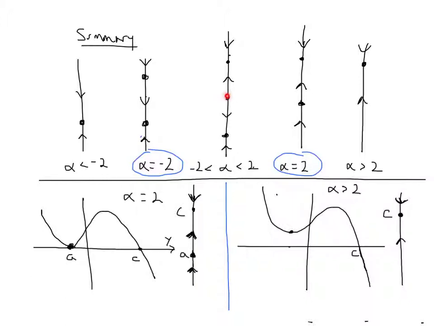At 2, I go back to just 2 again. And as soon as alpha is bigger than 2, and forevermore, I have just one equilibrium point. So these are my bifurcation values, and that's the end of the problem.